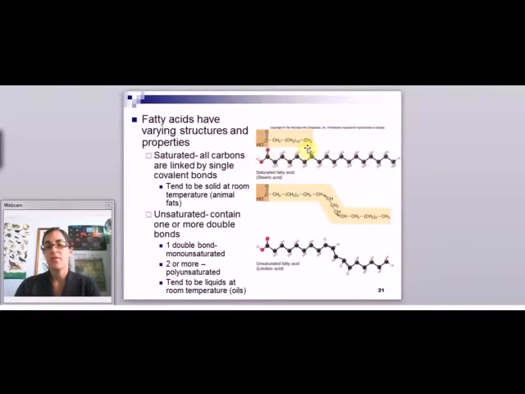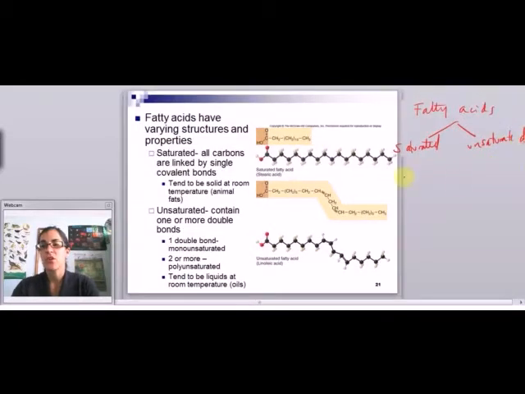This is the figure from your text showing the fatty acids drawn out again. The reason we're going to focus here on fatty acids is because there are really 2 types of fatty acids, and this is going to affect the properties of the molecule. Fatty acids can either be saturated or unsaturated, and maybe you recognize these terms from food labels.